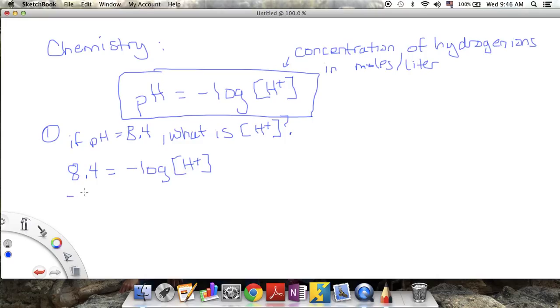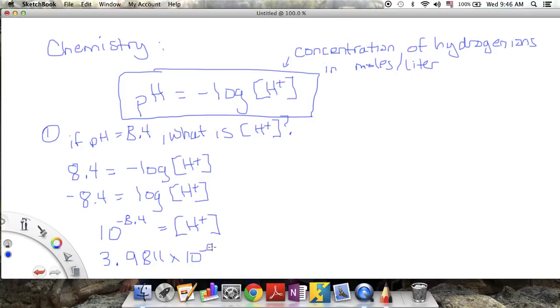First we divide by that -1, and then we remember what a log means. Remember, this is a common log because there's no base, so that means its base is 10, and it's the base to this power, and that equals the concentration of the hydrogen ions. So we put that in our calculator and we get 3.9811 times 10 to the -9th moles per liter is our answer.